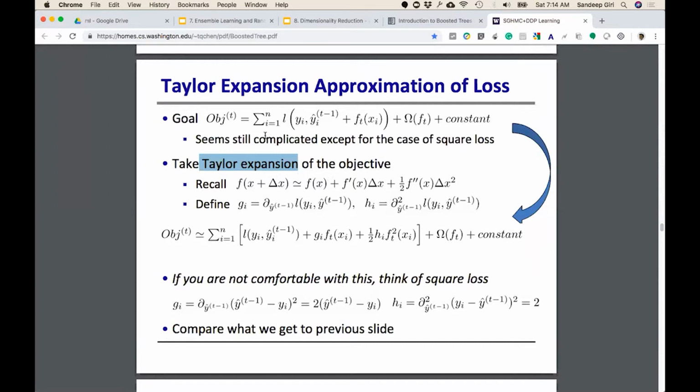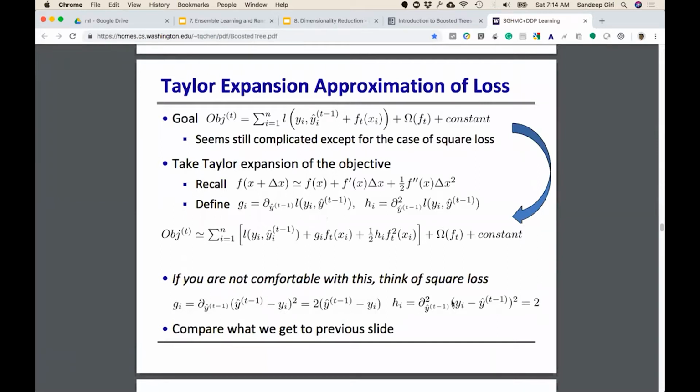If you're not comfortable with this, think of it like this: what is the first derivative of the loss function at t minus 1? The loss is y minus y at t minus 1, the whole squared, which is mean square error. Its first derivative is going to be 2 times this, correct?